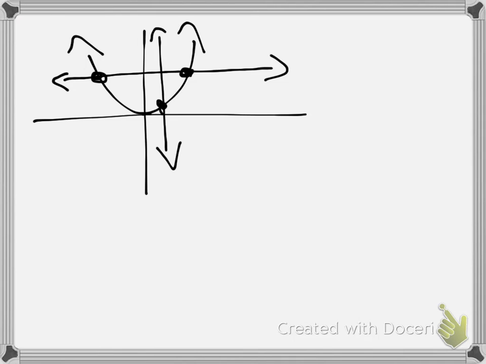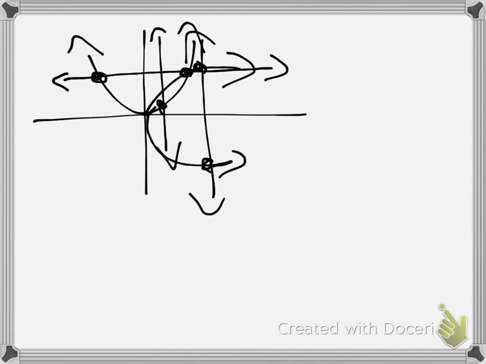Once we take the inverse of this parabola, we get something like a sideways parabola. Notice if we do the vertical line test on this, it crosses through 2 points. So in fact, this will not be considered a function. However, we already knew that based on its original graph.